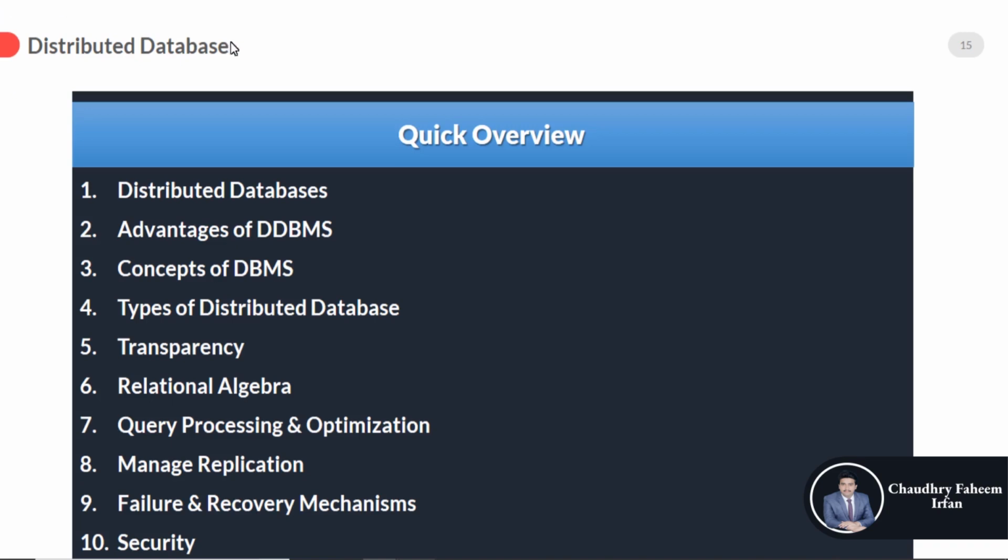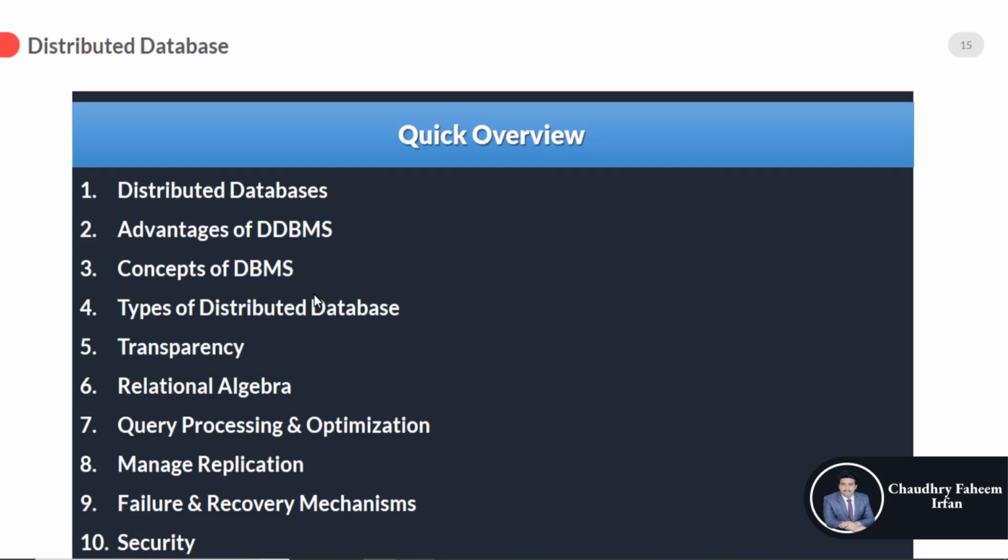And the third one is concepts of DBMS. In concepts of DBMS, our topics were database, what is DBMS, and types of DBMS, that are hierarchical, network and relational DBMS models. And types of distributed database, so these were two: homogeneous and heterogeneous.